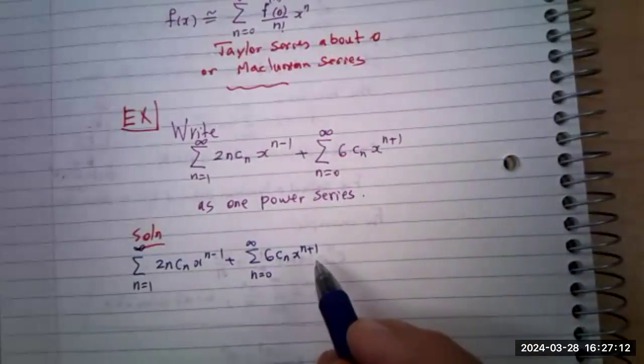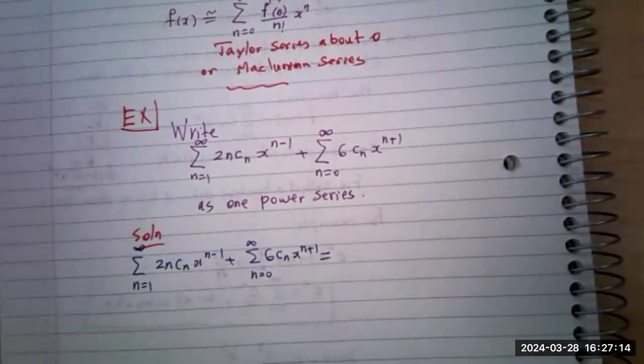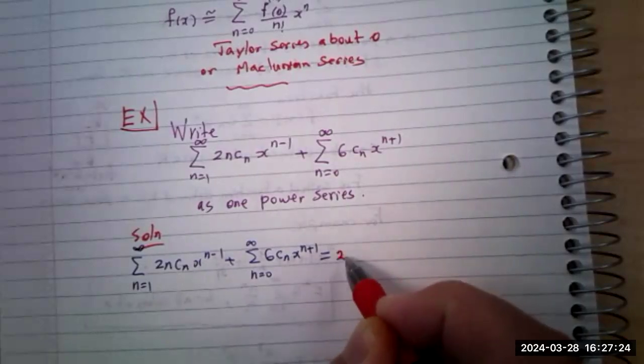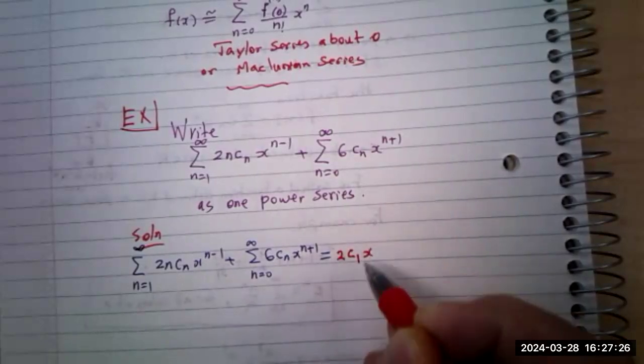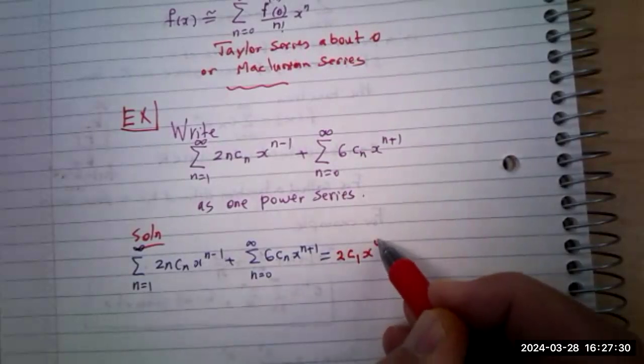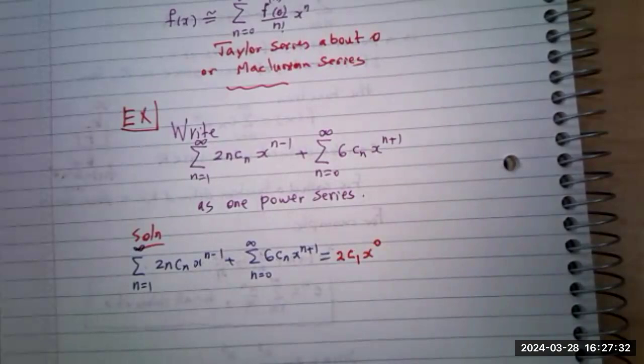So this is going to be equal to, if we replace n by 1, what you get over here is 2c1 x to the 0, that is, 1 minus 1, x to the 0. That's the first step. But I keep the other one.